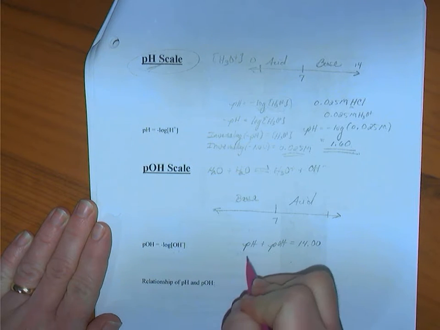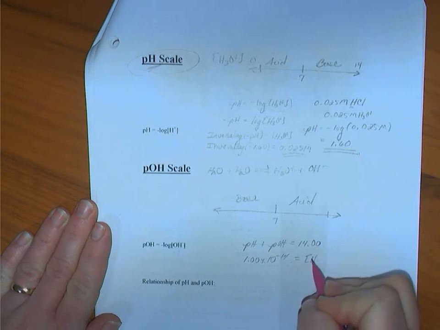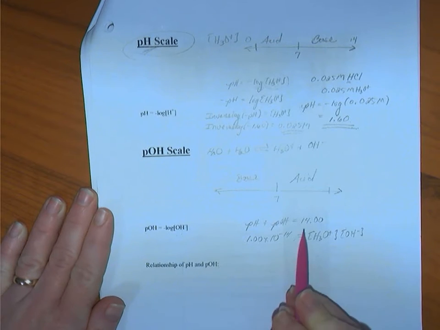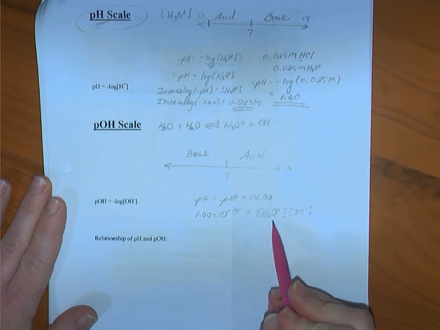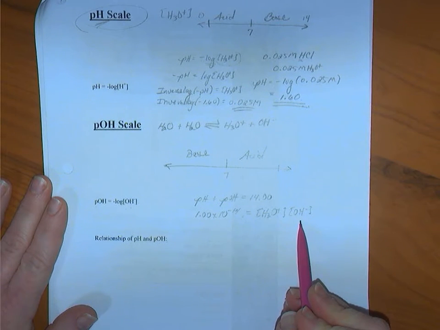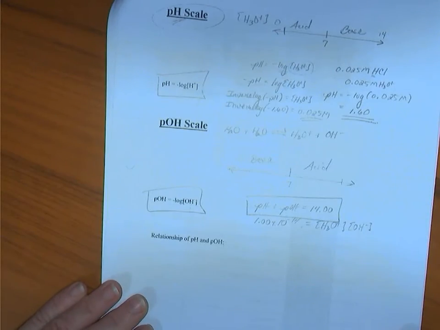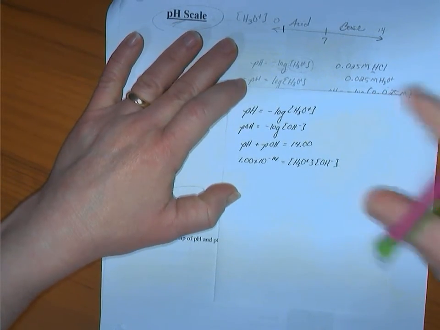Just like the relationship of Kw should not limit your sig figs, neither should this. So you're really determining sig figs based upon the decimal places of your pH or your pOH, or your molarity of your hydronium or hydroxide. Okay, so we have 3 equations that we can add to our arsenal. So these would be our pH equations, if you will.